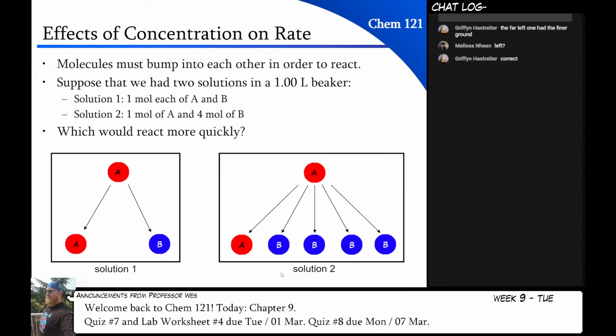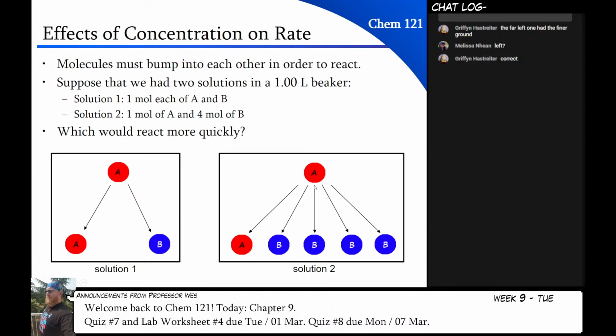Well, if I draw a little picture like this, you could see that for a given molecule of A, it has 2 options of things it can bonk into. It can bonk into another A, which would not do a reaction, or it could bonk into B, because there's equal amounts of both, right? So, solution 1, 50% of collisions would result in a reaction.